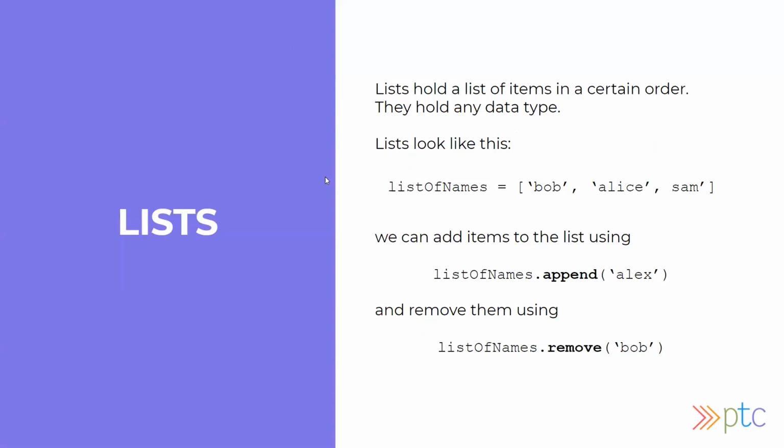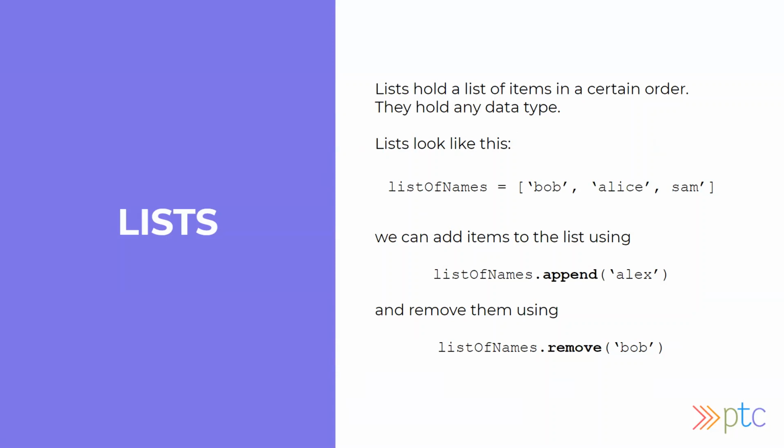Now, a list is exactly what you would expect. It's a variable that holds a list of items in a certain order, and it can hold any of the data types we've just mentioned. We note that this is a list because of the square brackets, the strings indicated by the quotes, and the commas separating each string.